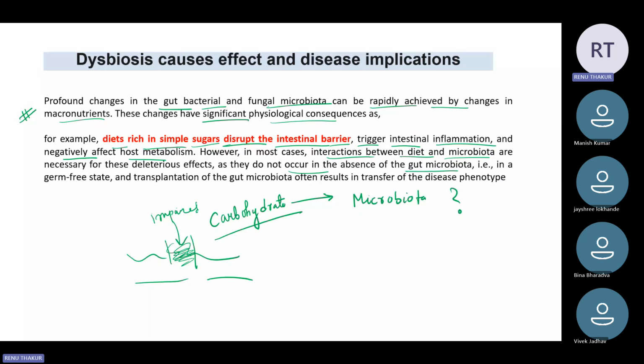So we have to take care of what we are consuming as a macronutrient, because if we are consuming a food which is rich in any particular kind of macronutrient, particularly carbohydrate, then it may lead to damage of our intestinal epithelial layer, and if it is impaired, if it is disrupted, everything will be directly released into the bloodstream. And then if it is released into the bloodstream, it may lead to different infectious diseases through the inflammatory responses.